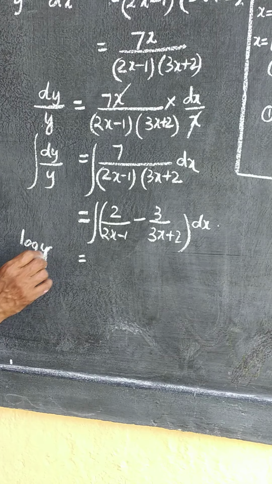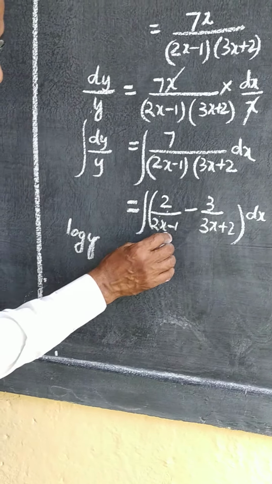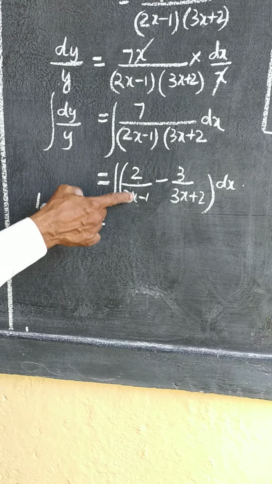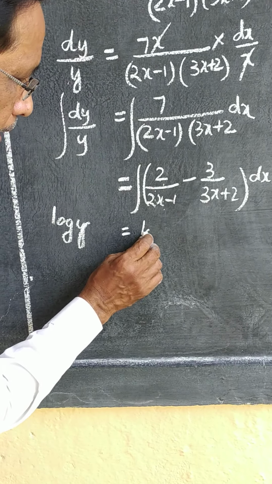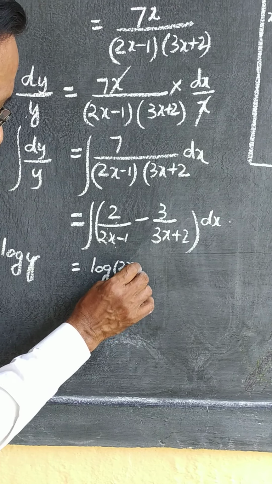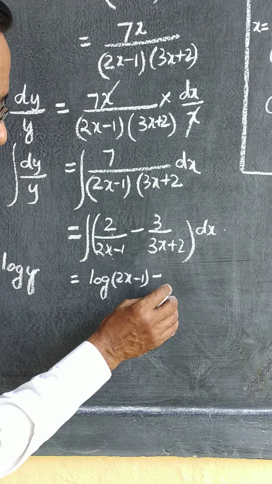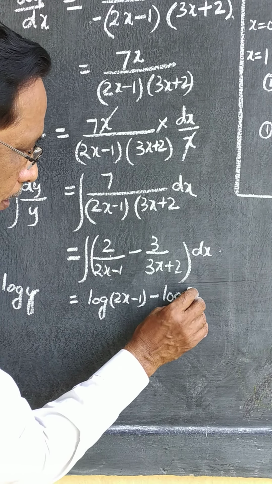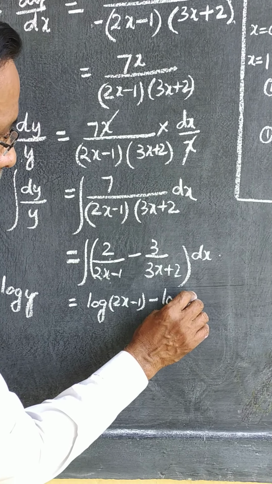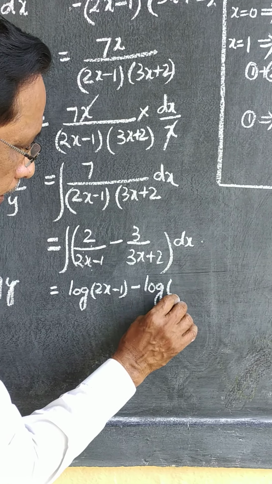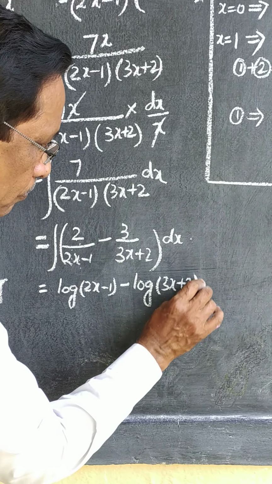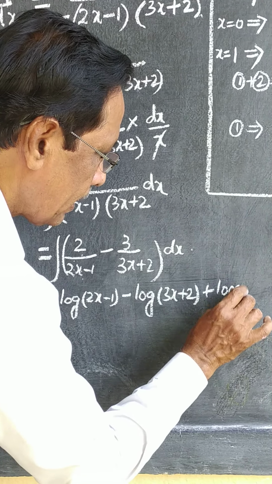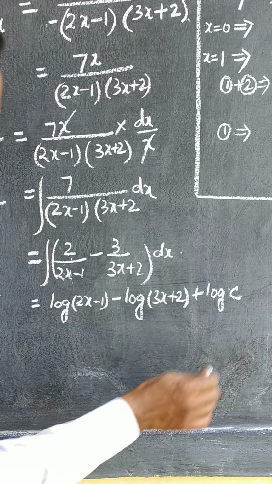Now this is equal to, on integration, log y. On integration, this becomes the differentiation of denominator is in numerator. This becomes log of 2x minus 1 minus log of 3x plus 2 plus log c.